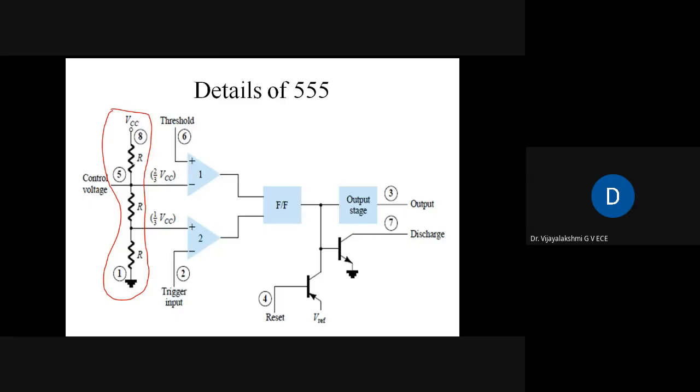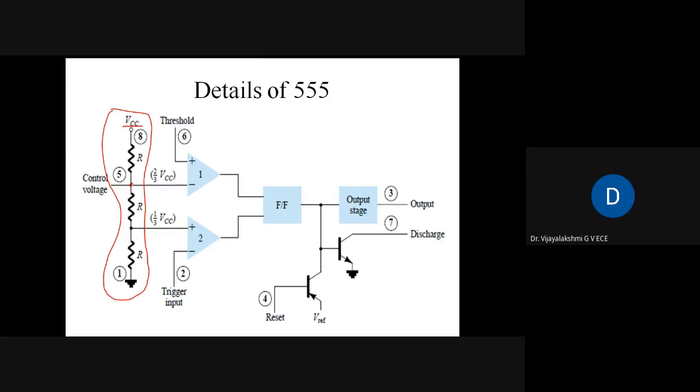So this VCC is divided using this voltage divider network. How is this VCC divided? At this point you get 2/3 of VCC. This voltage is divided, and 2/3 of VCC is available at this point.